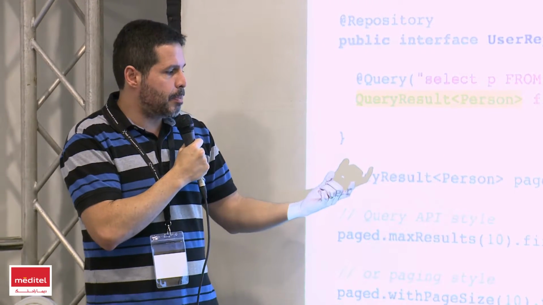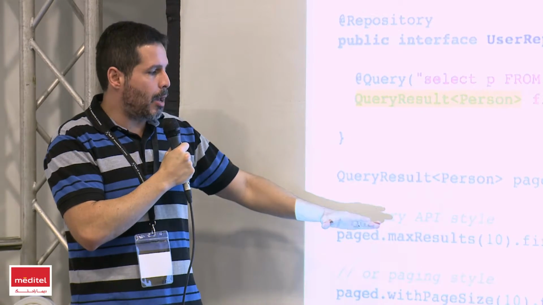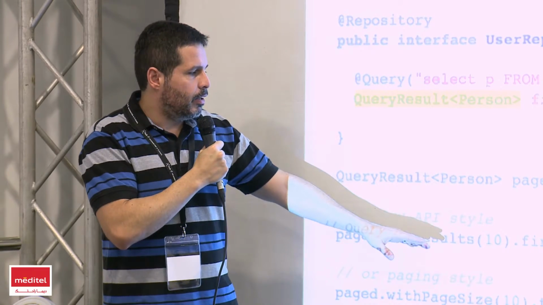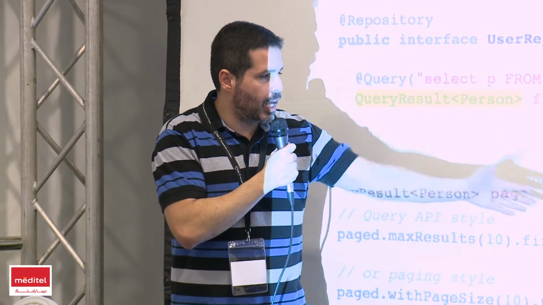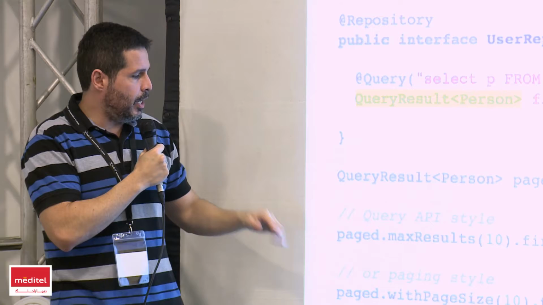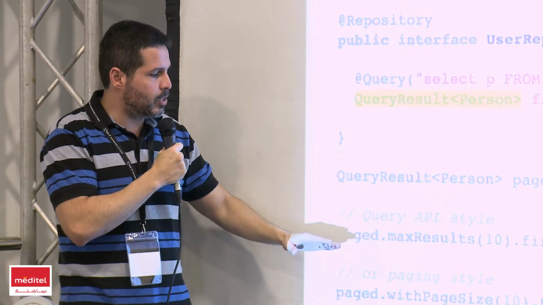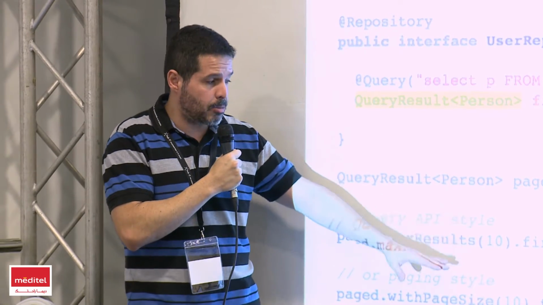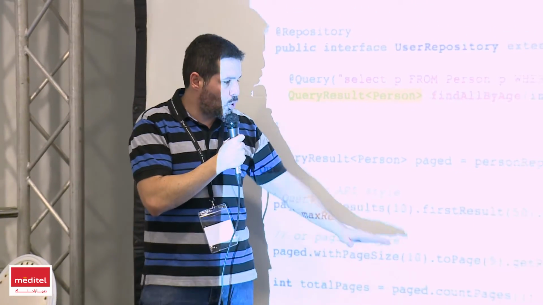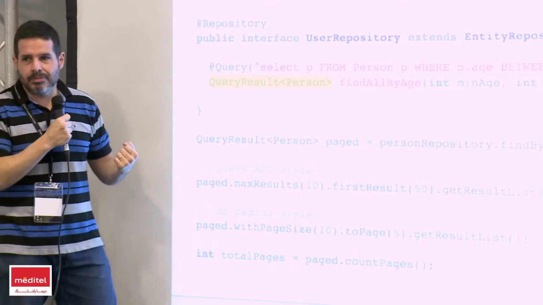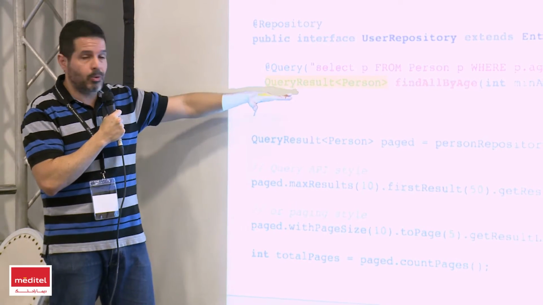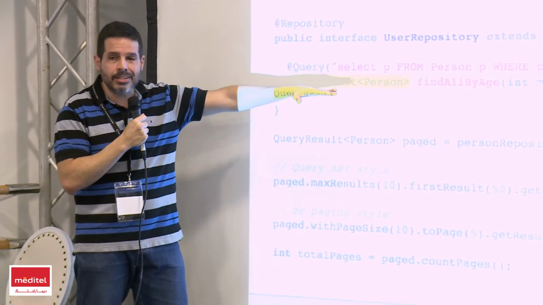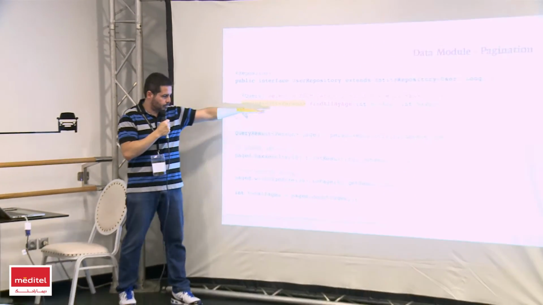I can define the pagination in the query API style, like max results 10, first result 50, get the result list. Or in a paging style, with page size 10, which is the same result, go to page 5, get result list. It's really, really simple. You didn't need to write a single line of code besides the name of the method.